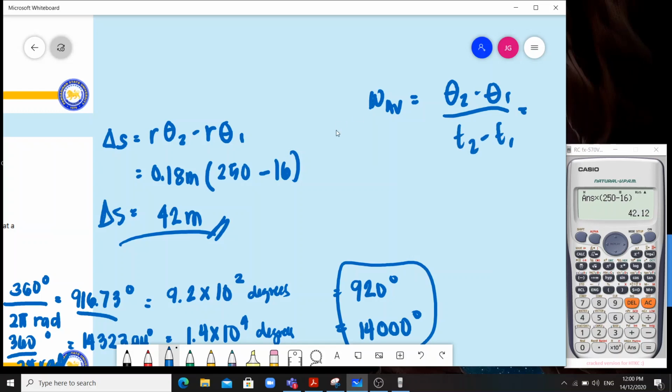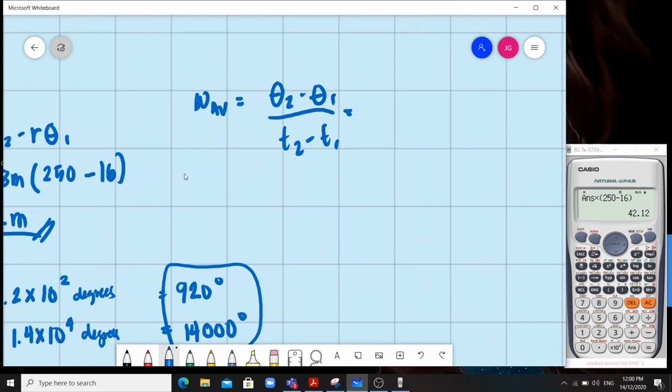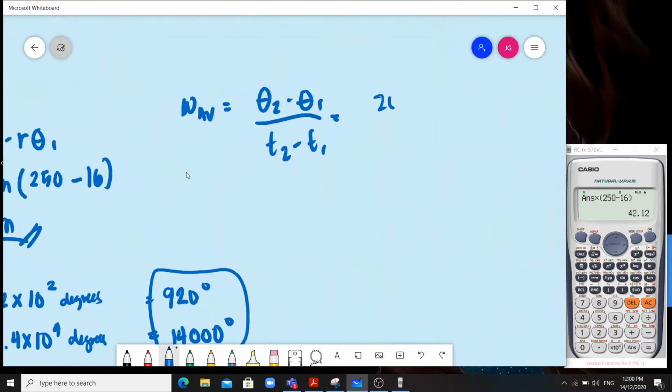That is 250 minus 16 over 5 minus 2, which is 78 radians per second.